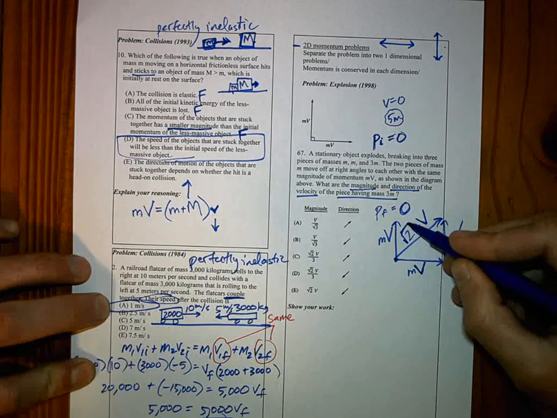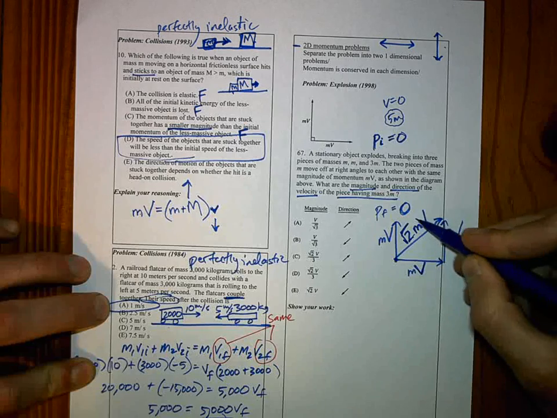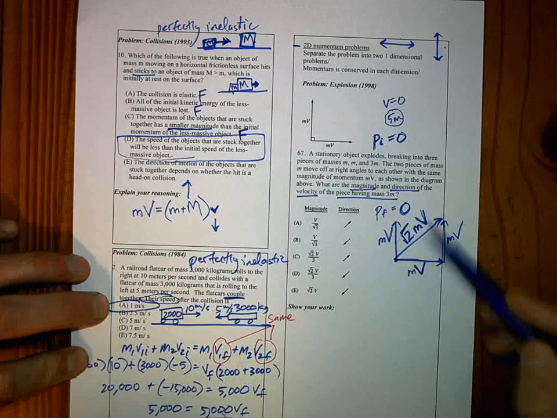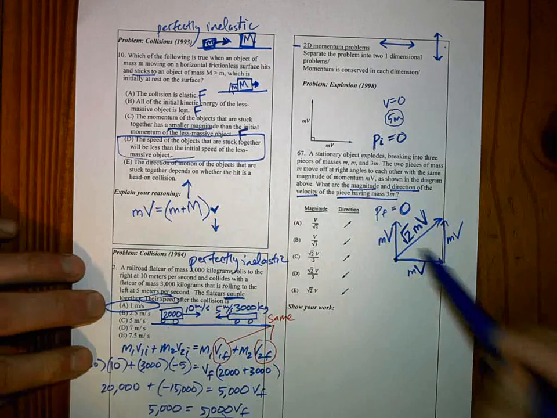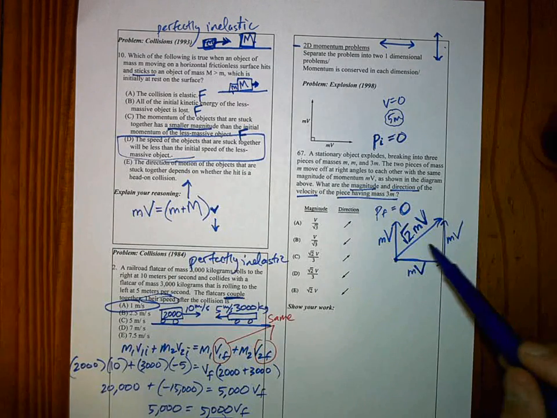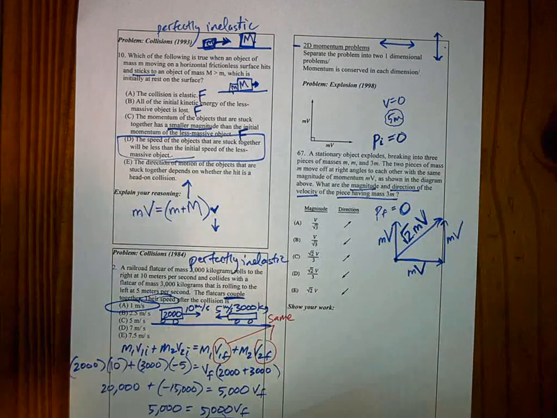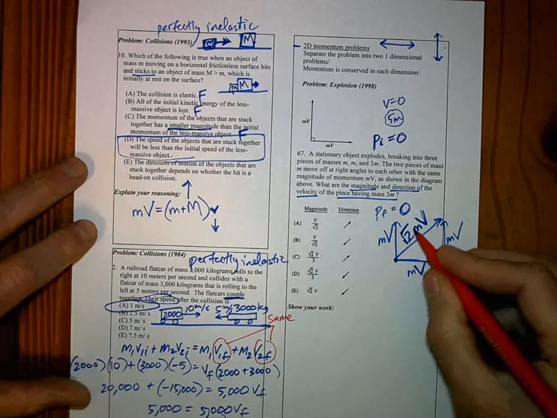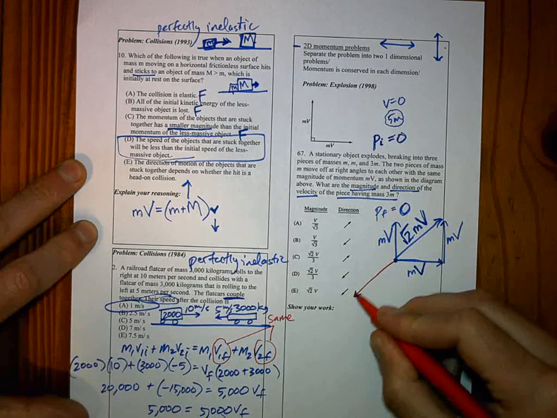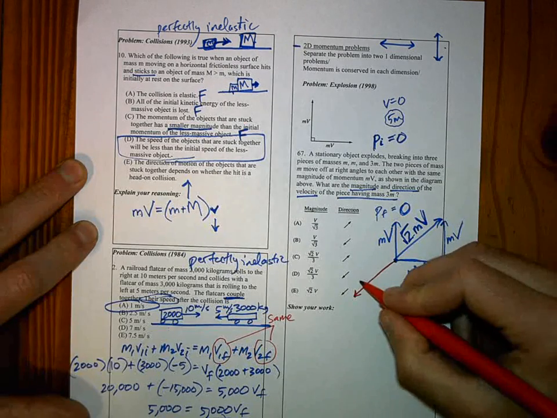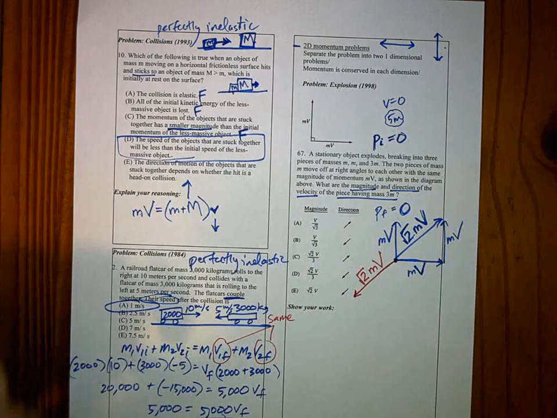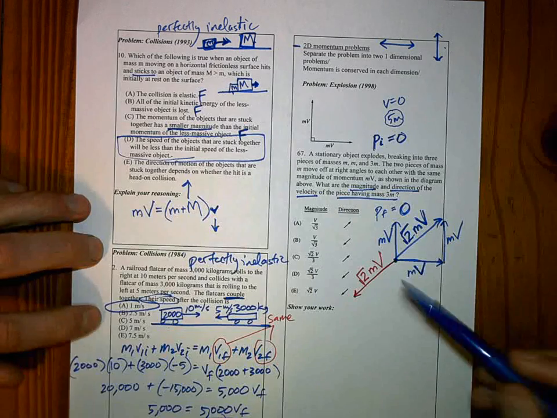So this is the momentum of the two smaller masses, square root of 2 mV. I know that the total momentum has to be 0. So the other mass, the third mass, which we've ignored up until now, has to cancel it out. So it has to move in the opposite direction, and it also has to have a momentum of square root of 2 m big V, so that the total momentum is 0.